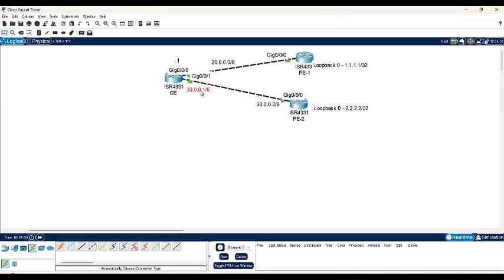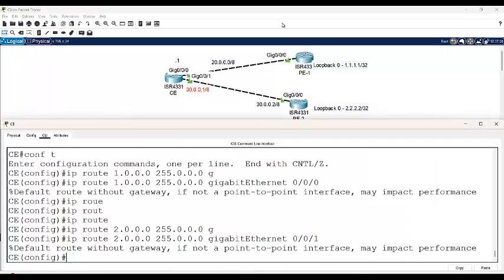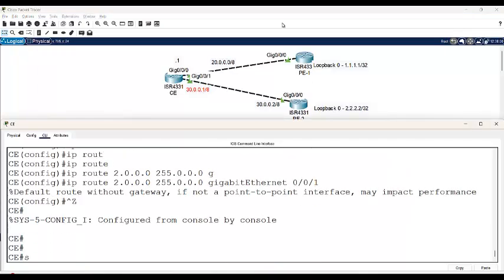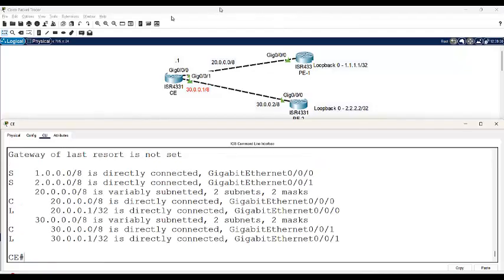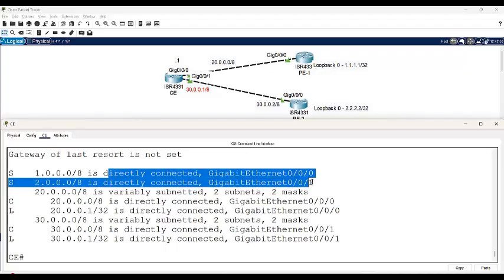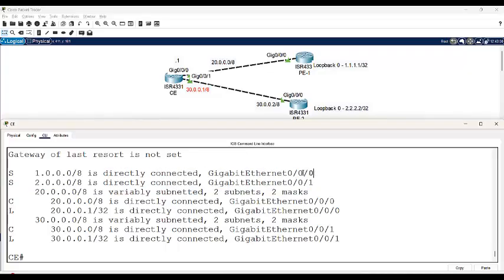Okay. So I hit enter. Now let us go and check the routing table. Show ip route. Look at this. This is also a static route, but pointing towards the directly connected interface. Send the packet out on G0/0 if it needs to go to the 1 network. Send the packet on G0/1 if it needs to go to the 2 network. So now also I'll be able to ping.